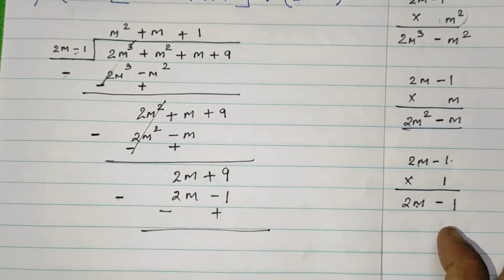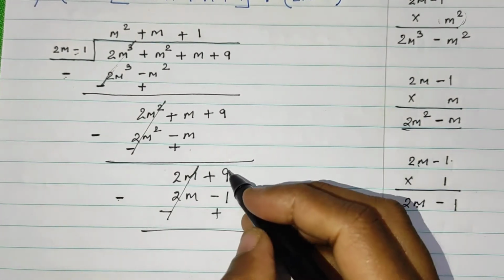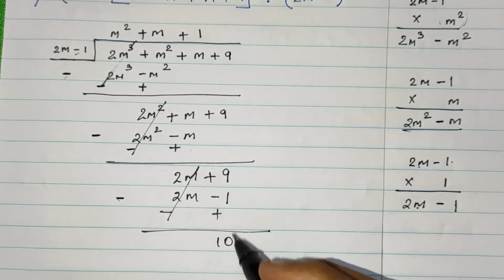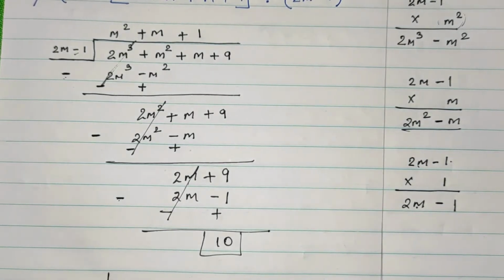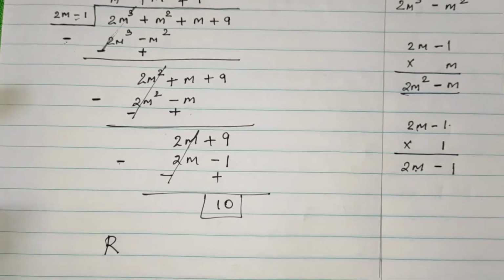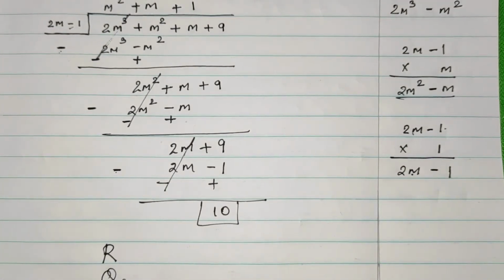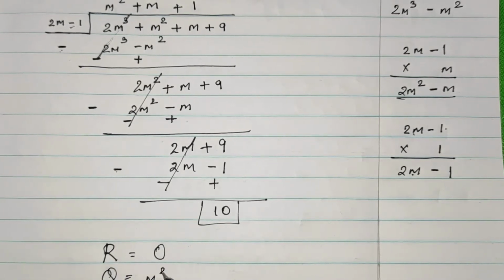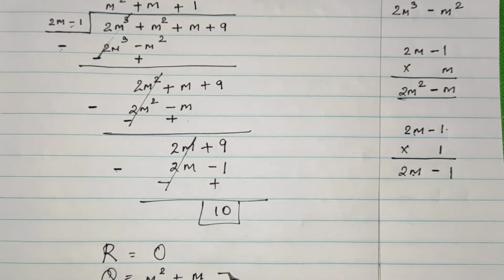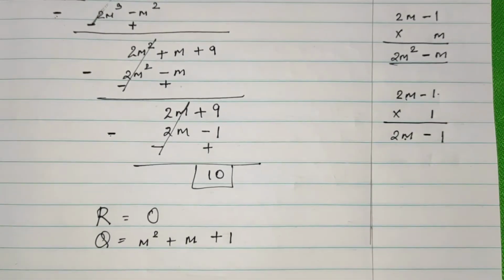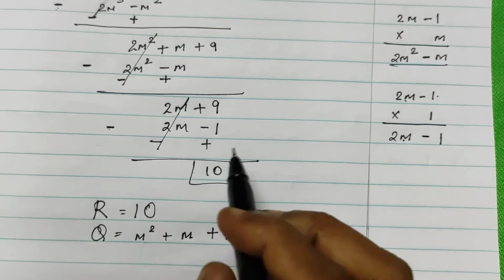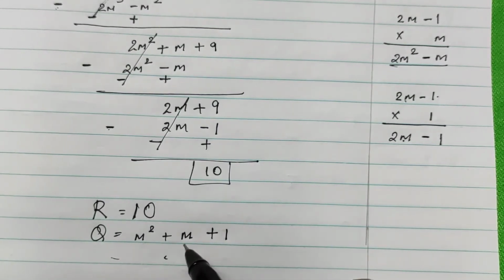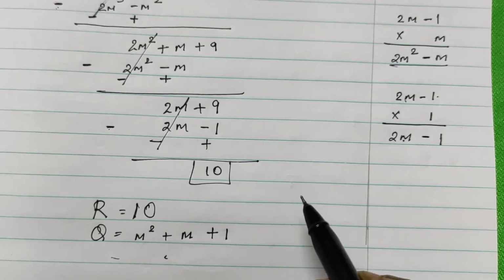So, this 0 and positive positive becomes 10. 9 plus 1, 10. So, your remainder and question. Remainder is 10 and question is m square plus m plus 1.